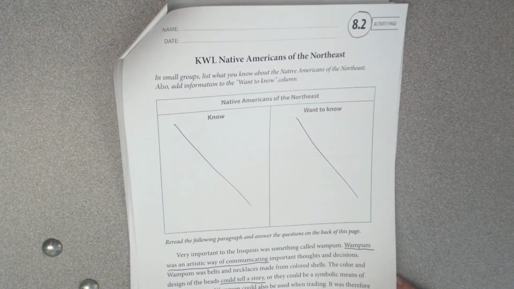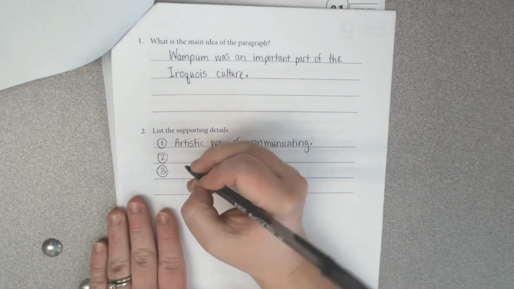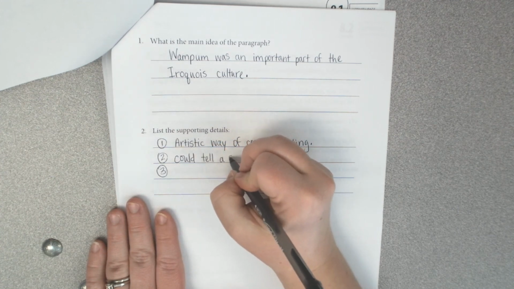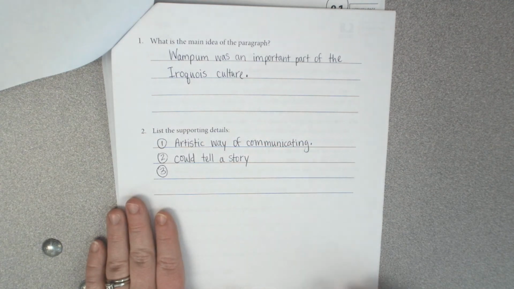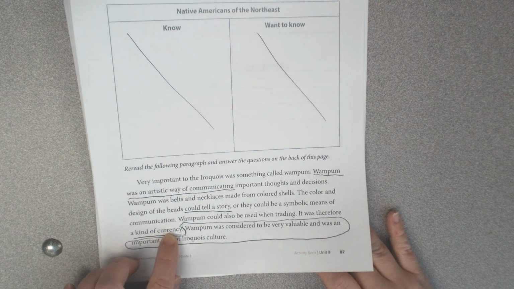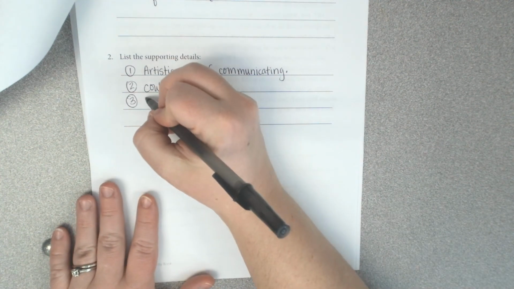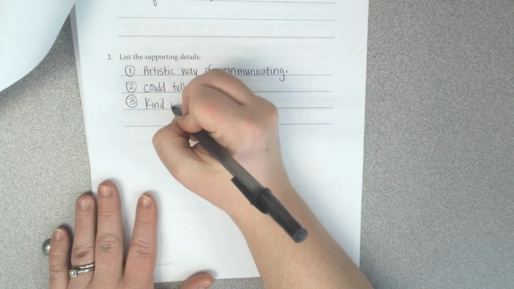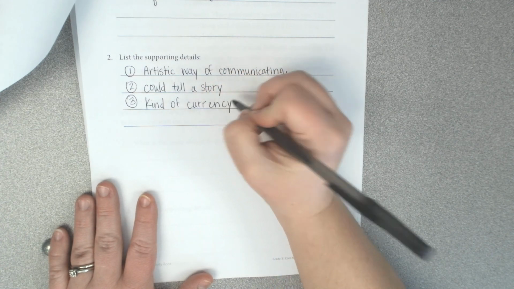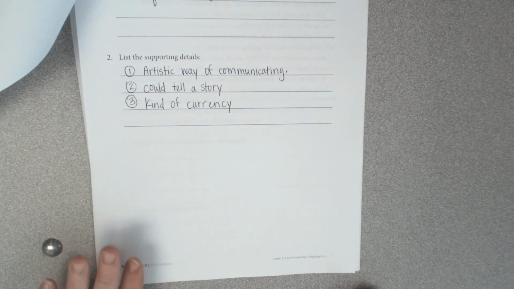It could tell a story. Remember, it could tell a story. And most importantly, it was a kind of currency, as it could be used to trade things. It was really, really valuable to them, right?